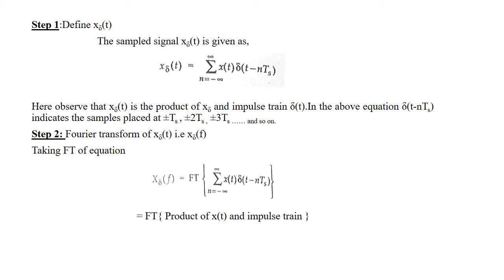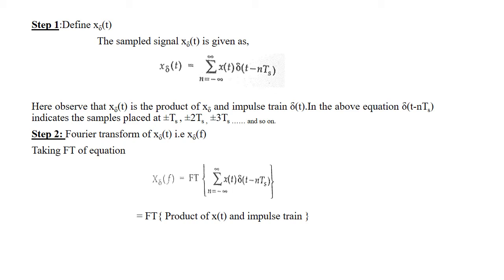Here we can observe that x_δ(t) is the product of x(t) and the impulse train δ(t). In the above equation, δ(t - nTs) indicates the samples placed at ±Ts, ±2Ts, ±3Ts and so on.